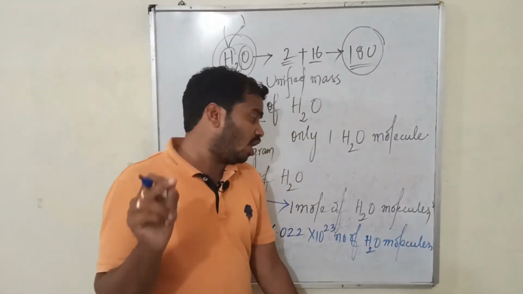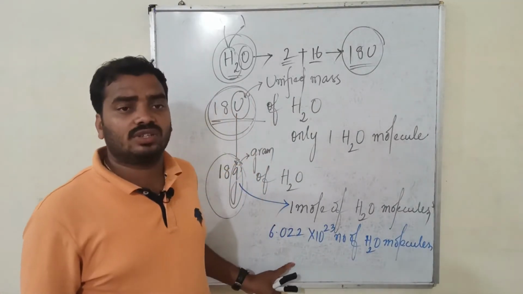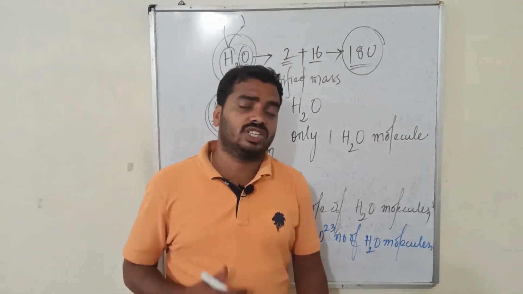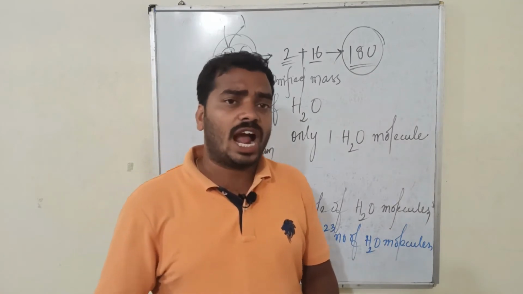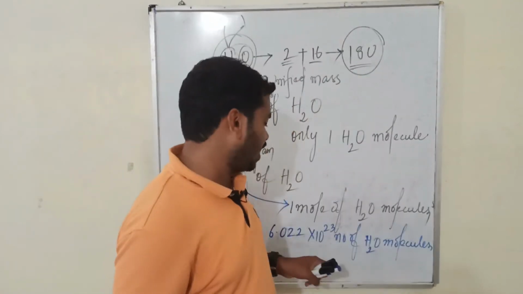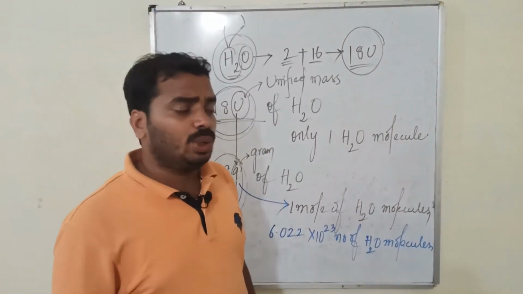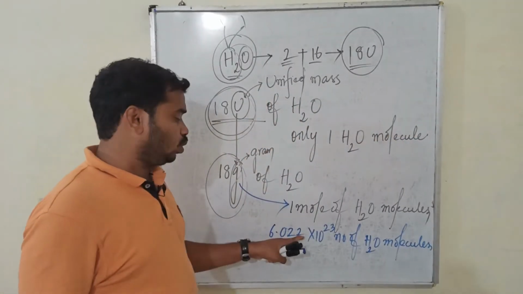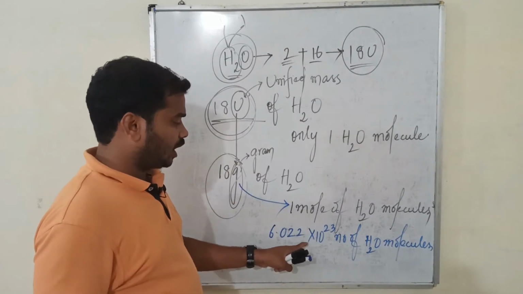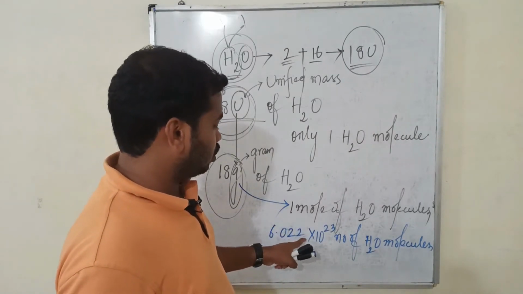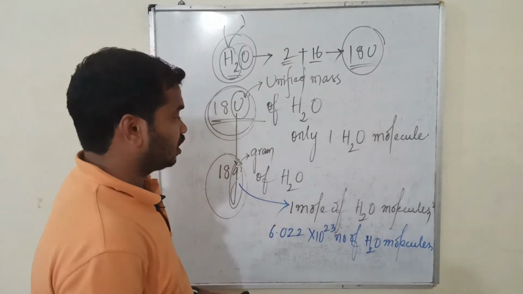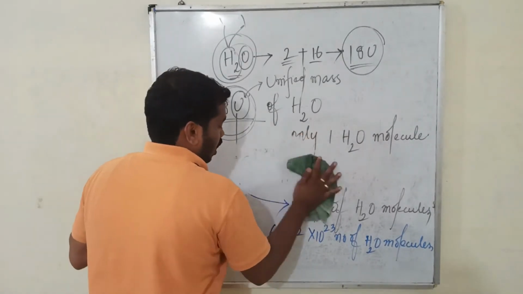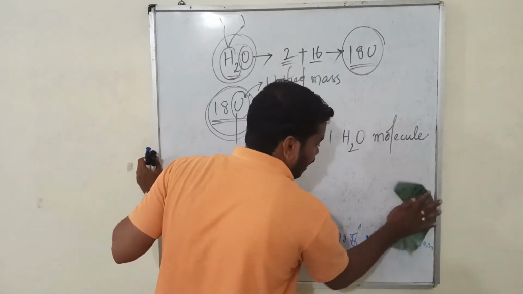It will consist of this many molecules, 6.022 into 10 power 23. This is a very huge number. If you start putting zeros beside this 6.022, you will get to know how big the number would be, right? 6022 and let me say 20 zeros beside that. Those many molecules will be there in 18 grams of water.